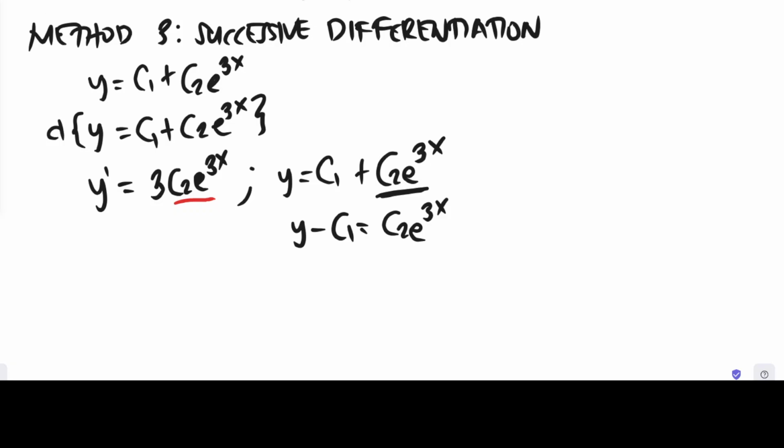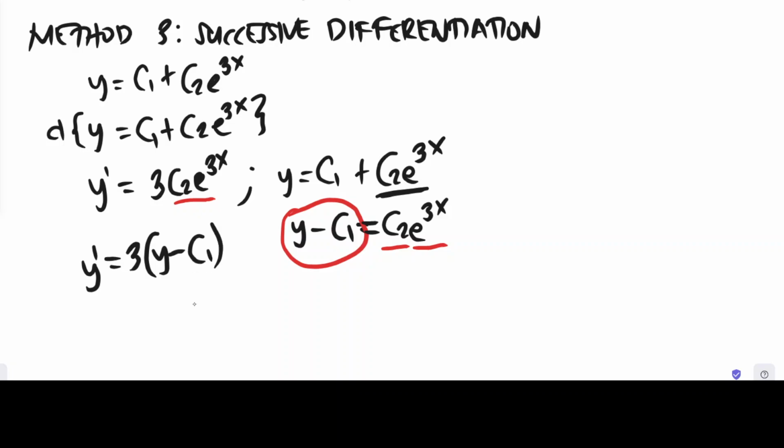Now, these two are our problems so far. We want to eliminate c2, and then e raised to 3x makes the process a bit more complicated. So if we use this as the substitution for c2 e raised to 3x, we will have y prime is equal to 3 times y minus c1 instead of c2 e raised to 3x.